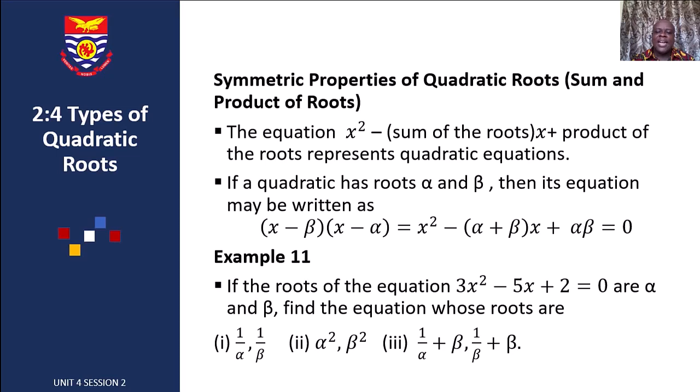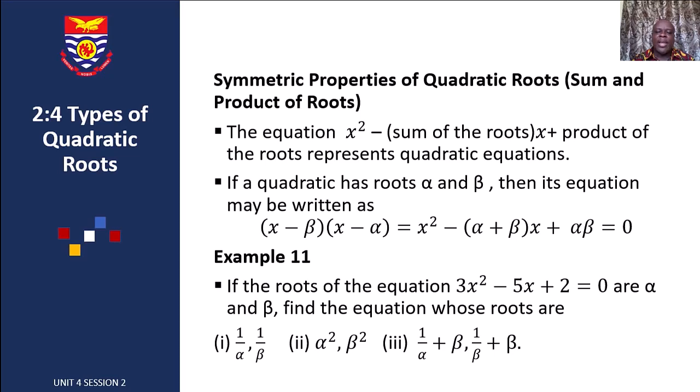That means that x minus alpha will be equal to 0 and x minus beta will be equal to 0, giving us two factors, x minus alpha and x minus beta. We'll multiply these two factors, x minus alpha and x minus beta.